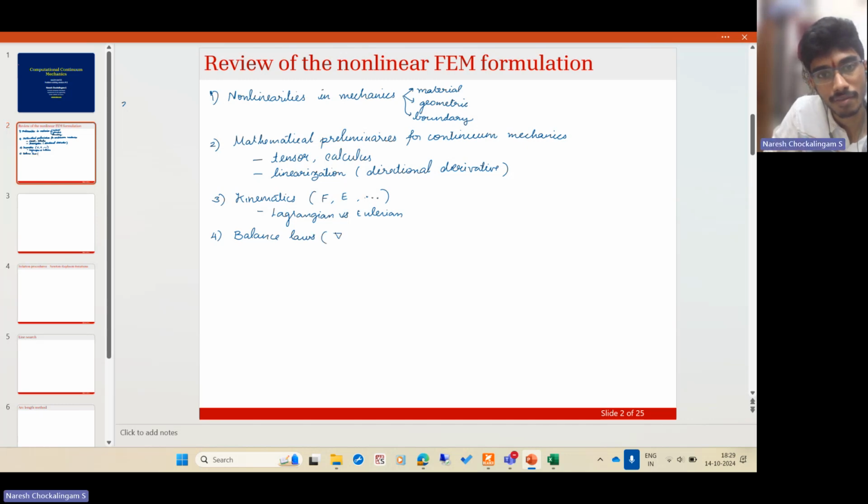We looked at the equilibrium equations, the symmetry of the stress tensor, and then some conservation laws. Here we also looked at the idea of objectivity and objective stress rates.